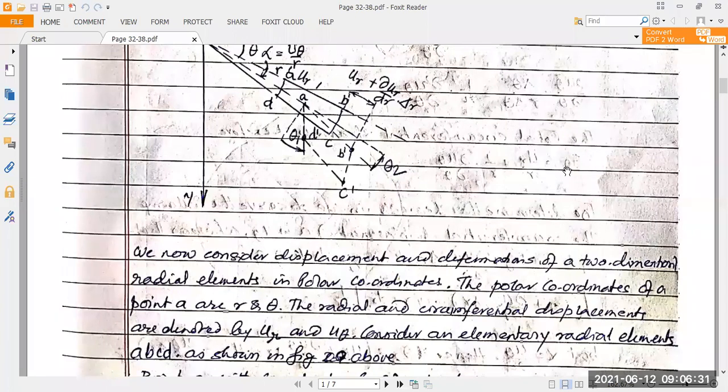These are the polar coordinates of a point, other than x, y, z. One of the coordinates, r, is telling you the distance of the point from the origin. Origin means the point of intersection of all three Cartesian axes.